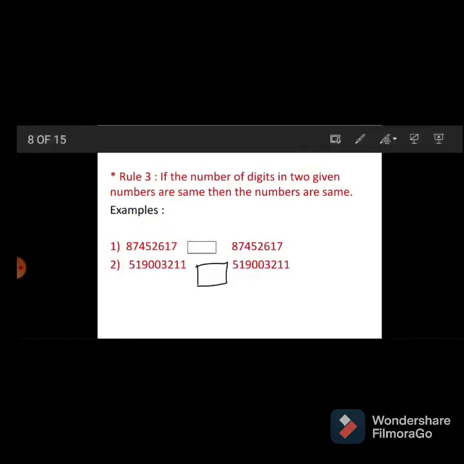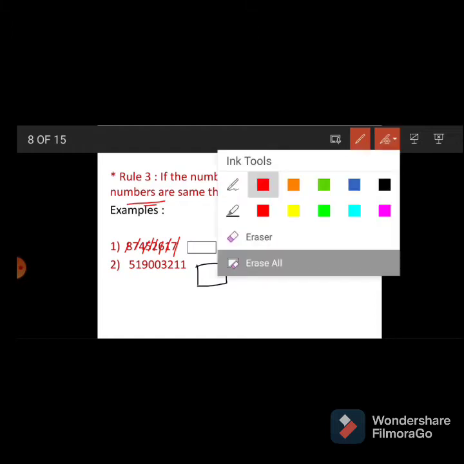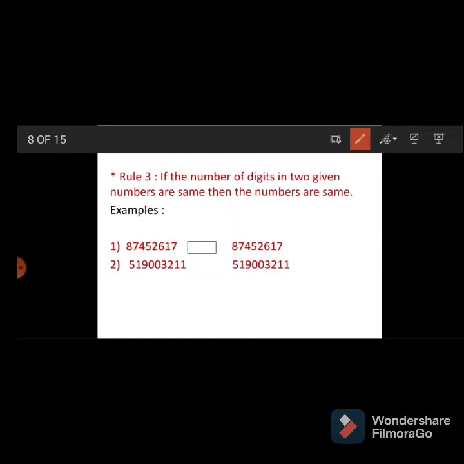What is the next point? Rule 3. What is rule 3? If the number of digits in two given numbers are the same, then the numbers are the same, meaning it's easy. See here, number of digits: 1 2 3 4 5 6 7 8. Here 1 2 3 4 5 6 7 and 8. Both numbers are formed with 8 digits. Then check the second rule, starting from the leftmost.